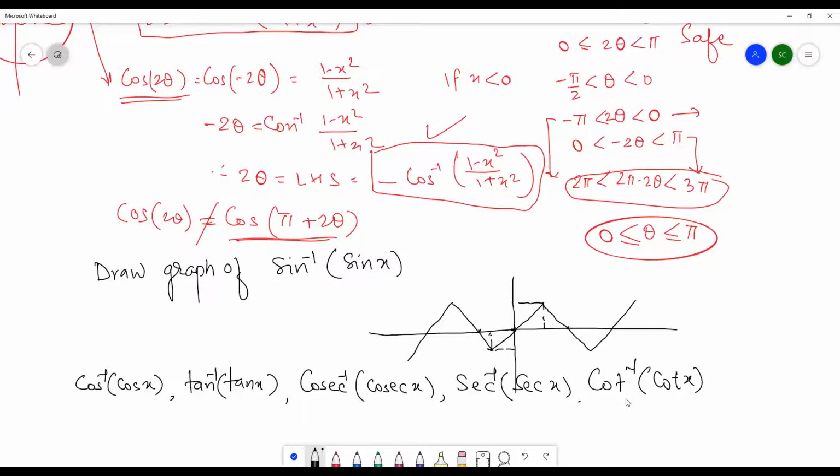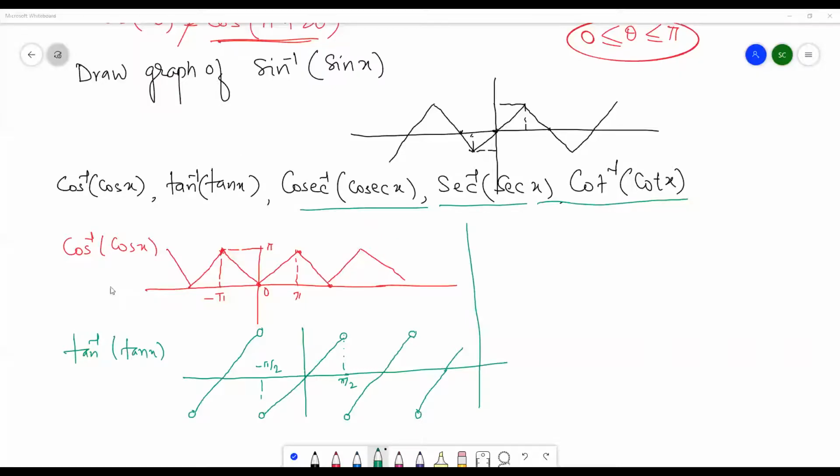Draw graphs of these remaining 5 functions. The graph of cos inverse of cos x looks like this, tan inverse of tan x like this.